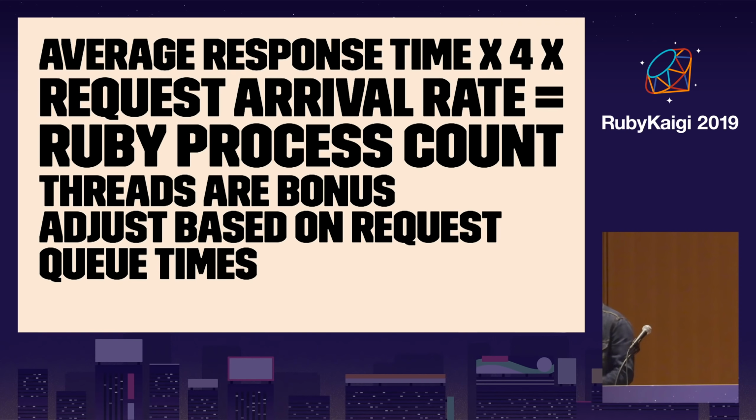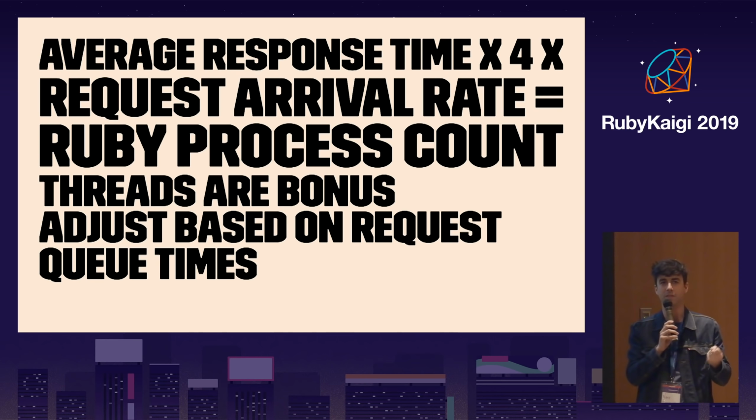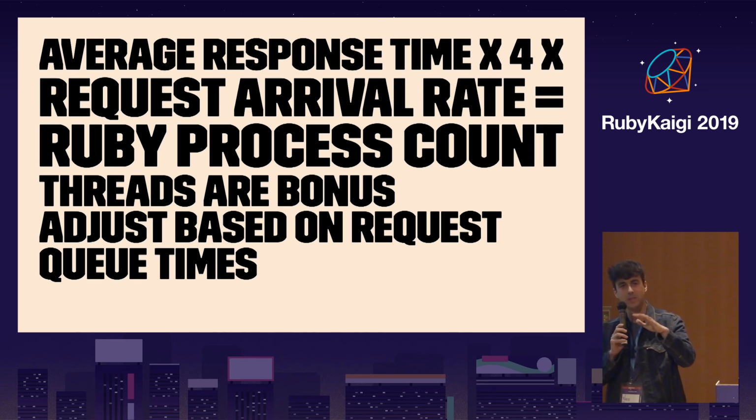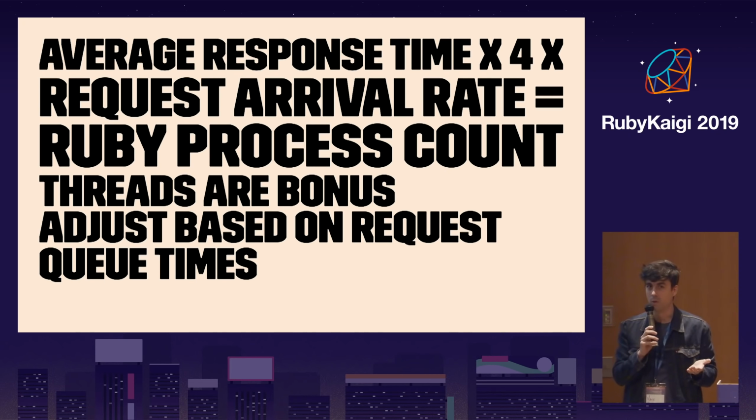So that factor of 4 that we're adding here is basically just a little rule of thumb that allows us to deal with the fact that our response times and our arrival rate of requests is not constant. It's not actually the same, and it varies from second to second. So just what I found is that factor of 4 tends to be a good factor for Little's law to give you a number of Ruby processes.